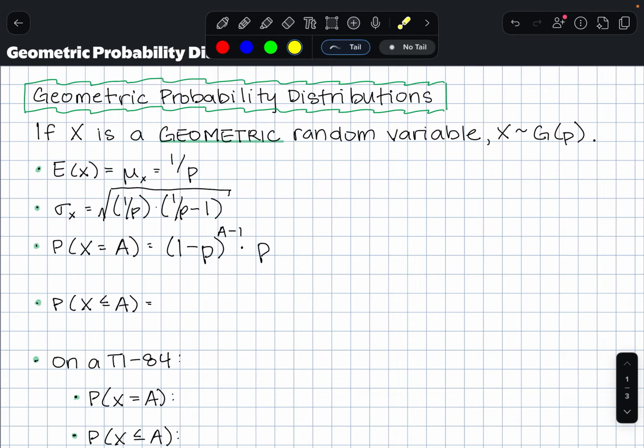You'll notice here there's no exponent. It's implied to be 1. A minus 1 plus 1 is A, so we have the right number of probabilities there. I have a string of failures followed by a success on the last trial.